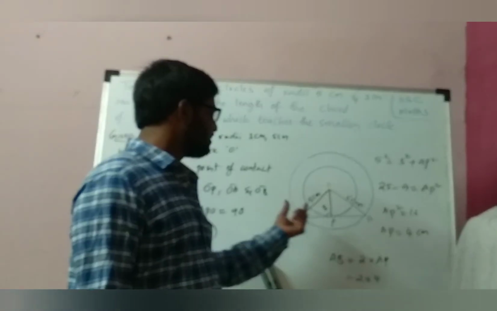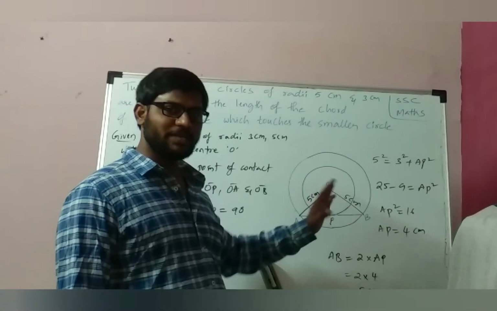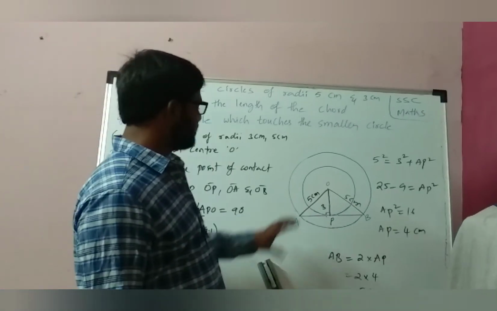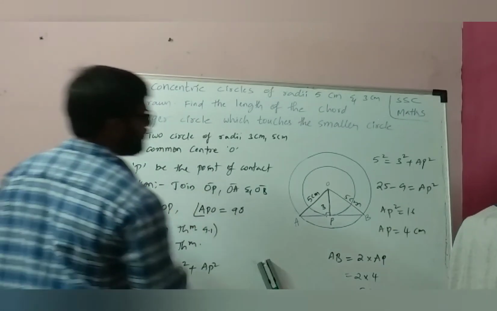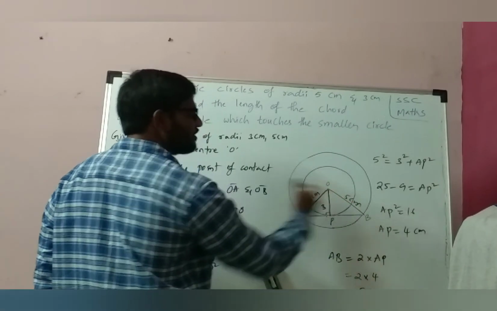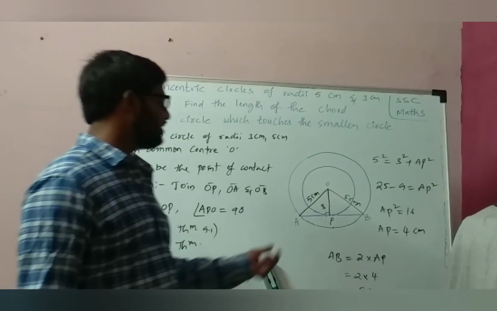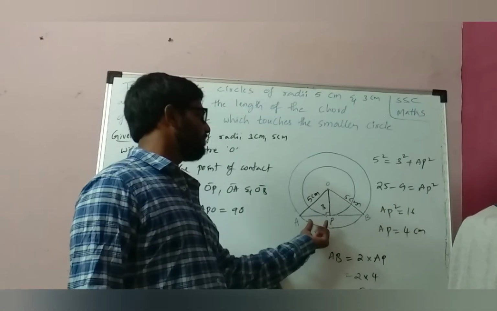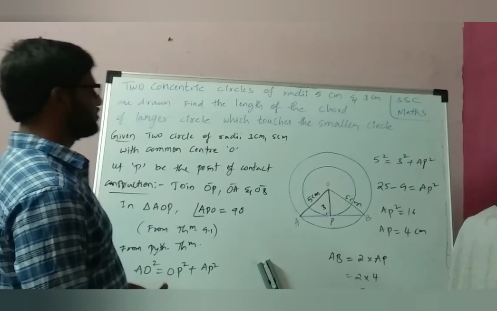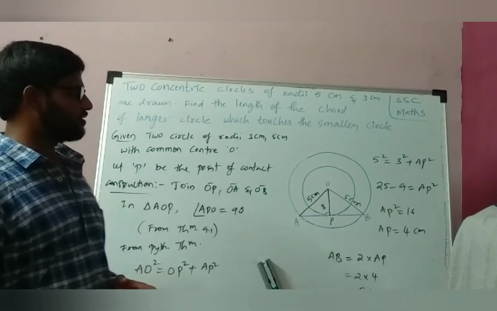And the chord of the larger circle is bisected by the point of contact. That is from statement 2. Or as we found the length of AP, you can find the length of AB using Pythagoras theorem also. Or directly you can write AB equal to 2 times AP. So AB equal to 2 into 4, 8 centimeters. So this is a method to find the length of the chord.